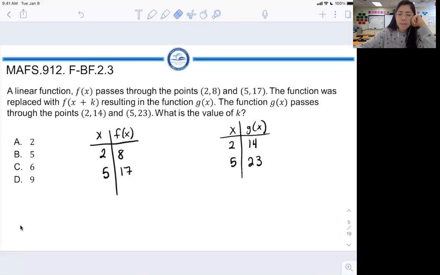Can anyone describe? They added 6. They added 6 to which value? The y value, right? This 8 plus 6 gives me 14. 17 plus 6 gives me 23, right? And that's adding to the y value.